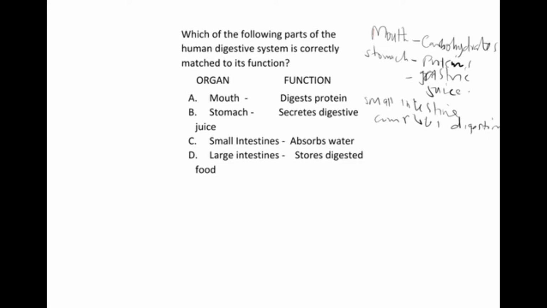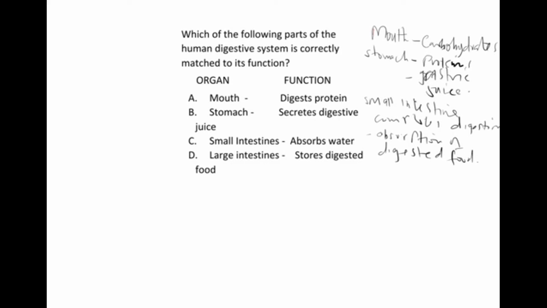Also, it is the small intestine that does the work of absorption of digested food. All food that has been digested is absorbed into the bloodstream in the lower part of the small intestine.